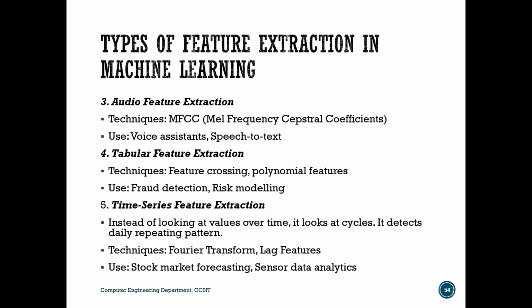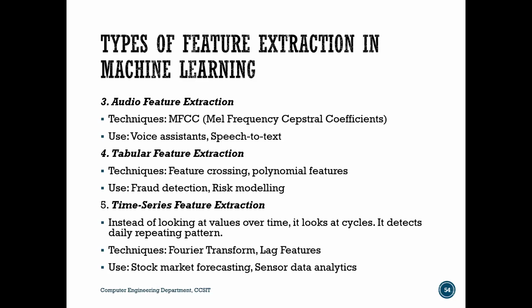Time series features. Time series means that instead of looking at values over time, it looks at the cycle. It detects daily patterns. Techniques are Fourier transform and lag features. It is used in stock market forecasting and sensor data analysis, meaning it observes the complete pattern.